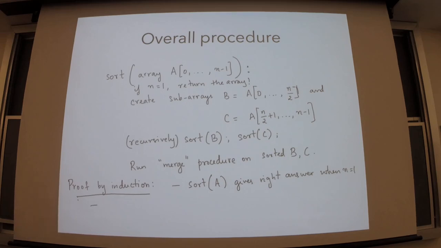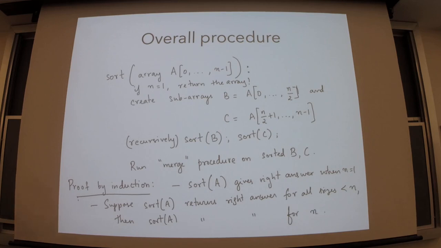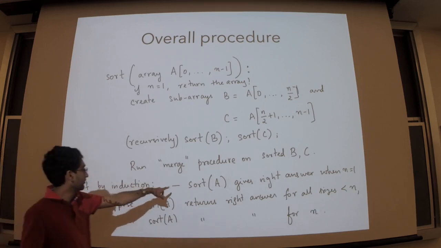Then it will say, suppose sort of A returns the right answer for all sizes less than some n, then it also returns the right answer for size n. So proof by induction, you have to show these two steps.